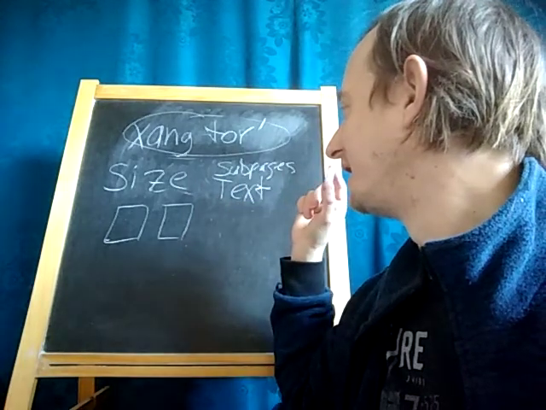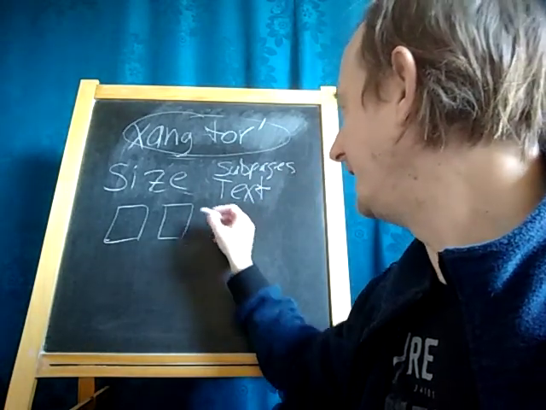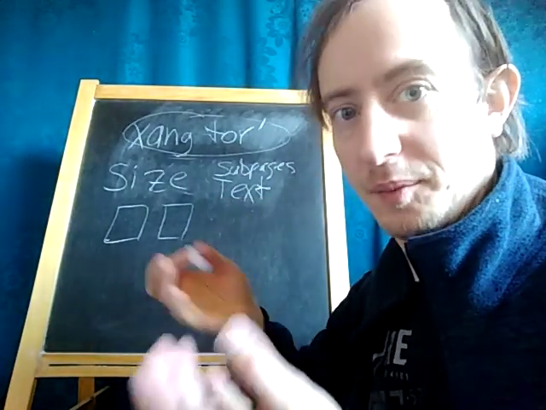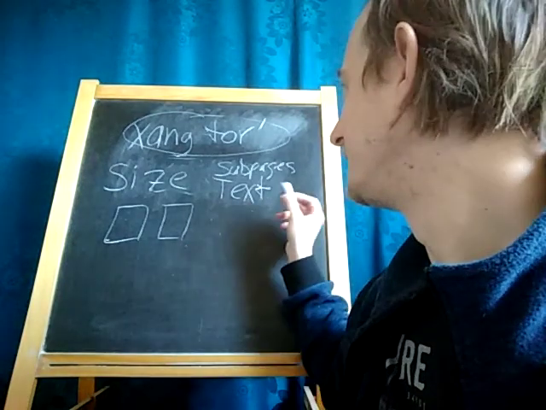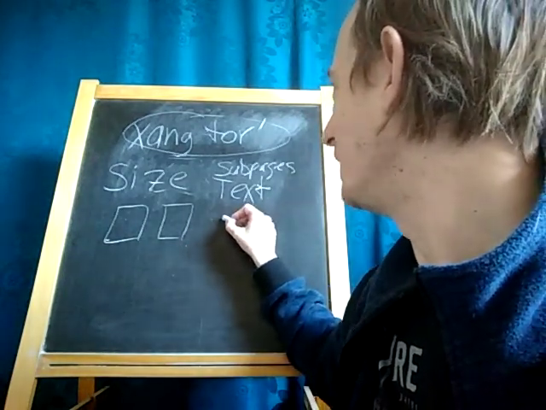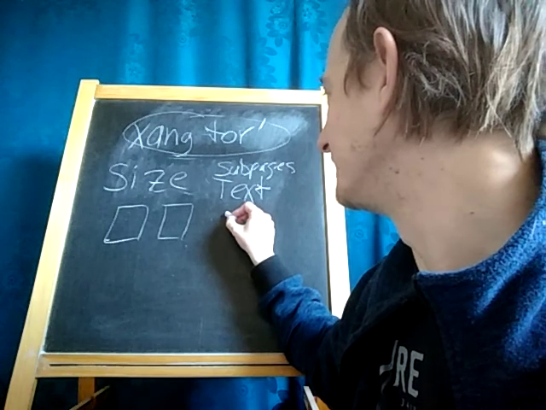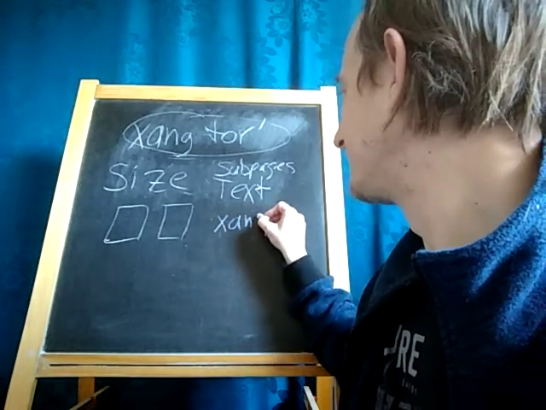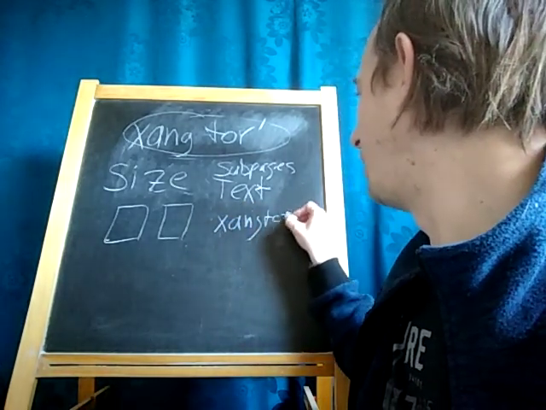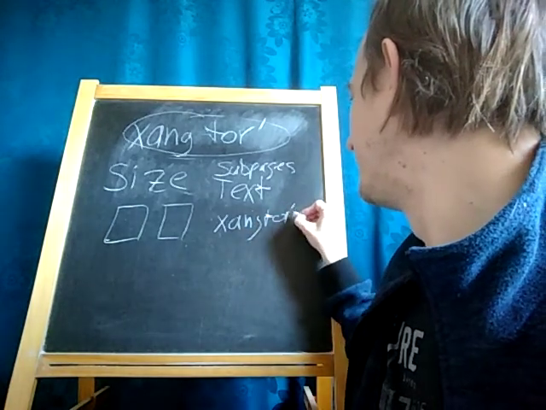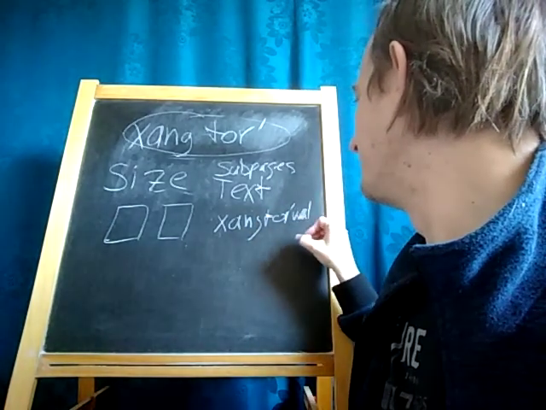So now you see in the big books, you have chapters. One chapter says Xangtor Val.